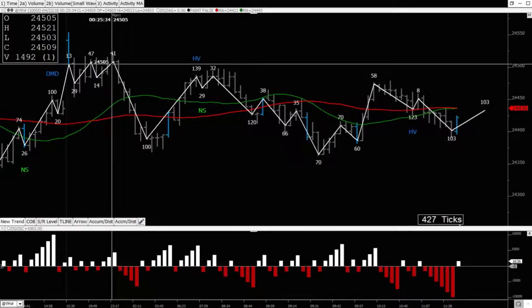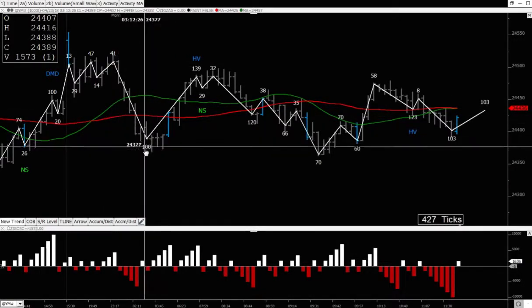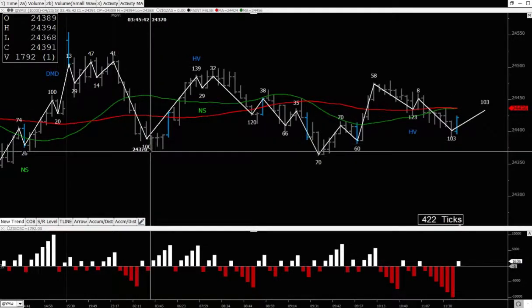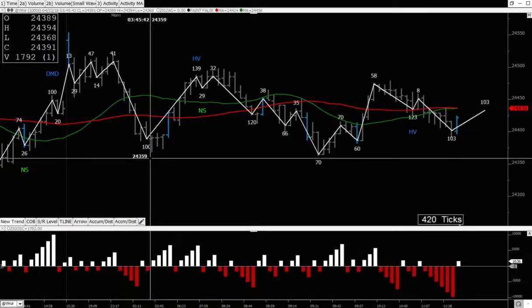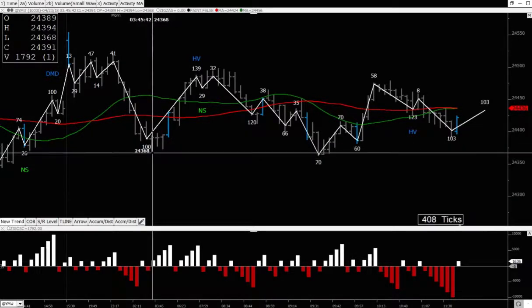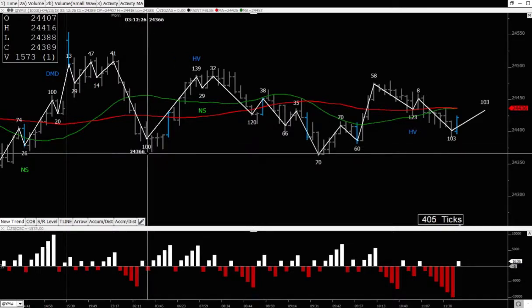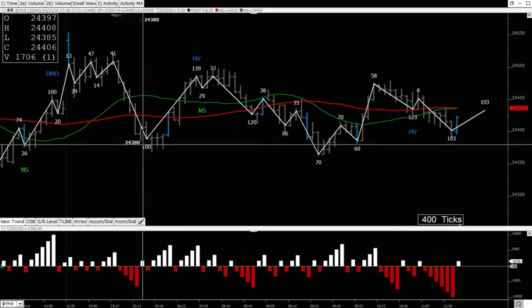Here's what really was confusing, because you have a down wave on a hundred, and I think this is multiplied by 100, so it would probably be like 10,000. I think there's 10,000 contracts, whatever.